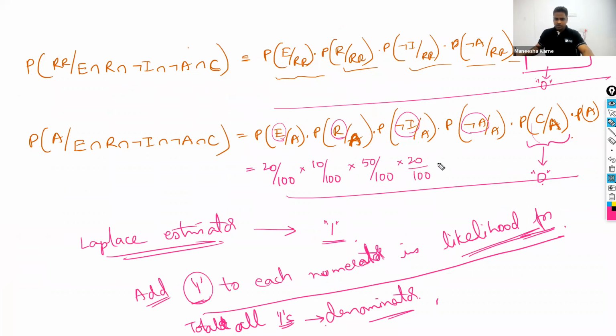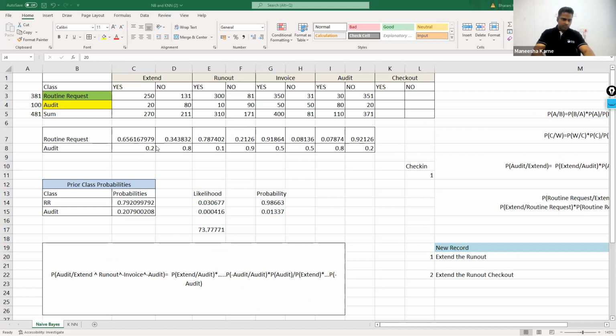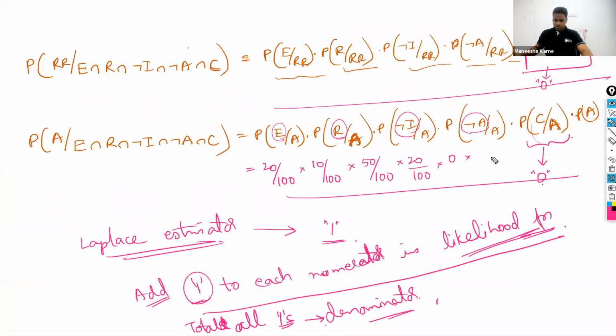Into probability of checkout given audit would have been 0. Into probability of overall audit, here it is, 100 by 481. So into 100 by 481.